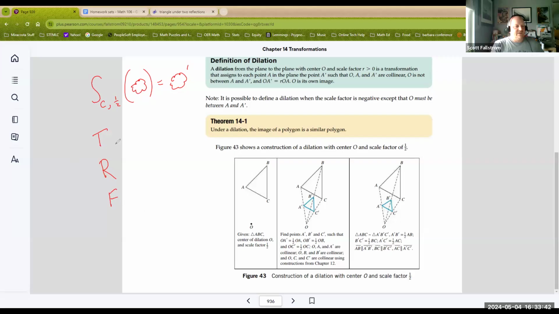Okay. So this is slide, twist, flip, and up here I'm going to say scale, like scale it up or down. Okay, those are the pieces we'll have for our class.